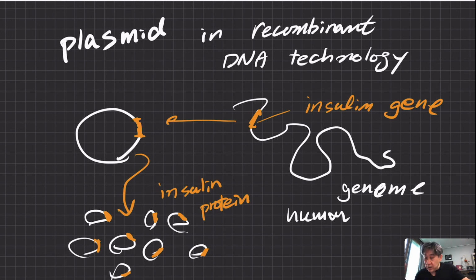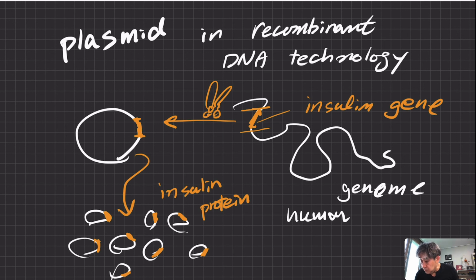This is actually the first example of such genetic engineering, which happened in about 1975. But the thing is, how do you cut? How can you isolate very precisely only the insulin gene area, and how do you implant that gene into a suitable location of the plasmid? In both cases, what it takes is a restriction enzyme.